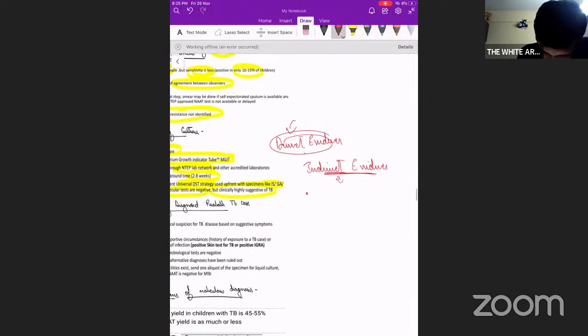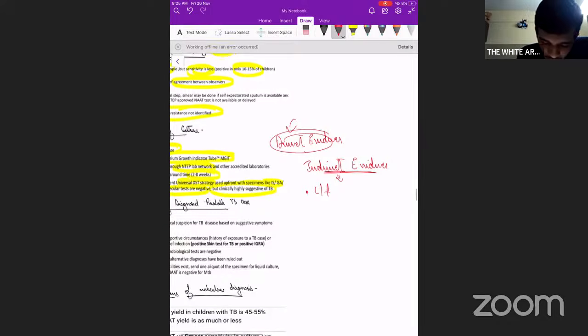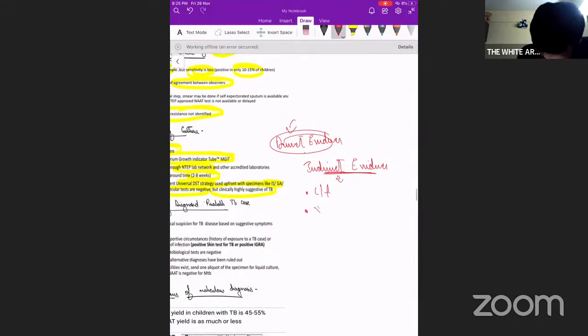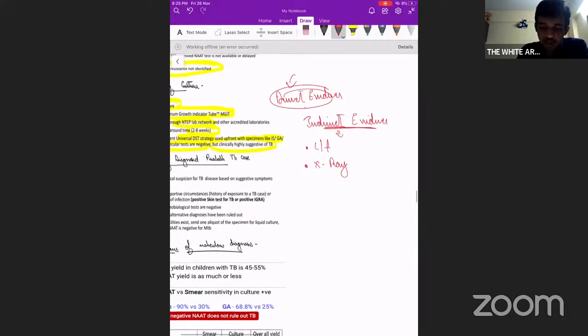There are clinical features suggestive of tuberculosis, okay? Or you can have X-ray features suggestive of tuberculosis, but CBNAAT is repeatedly negative. Or you have all the clinical features that are suggestive of tuberculosis and there is no other etiology, and you make the child undergo tuberculosis skin sensitivity test and the induration is more than 10 mm.